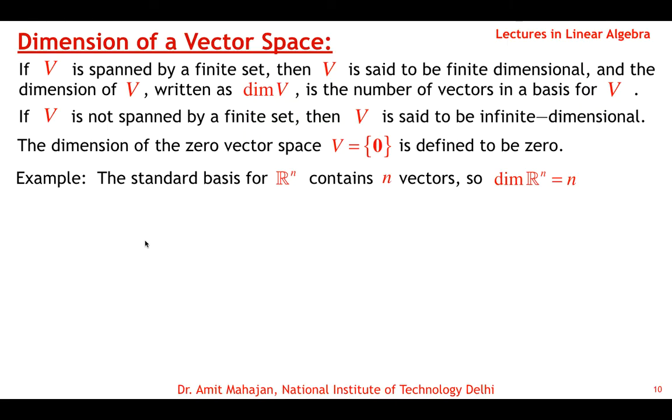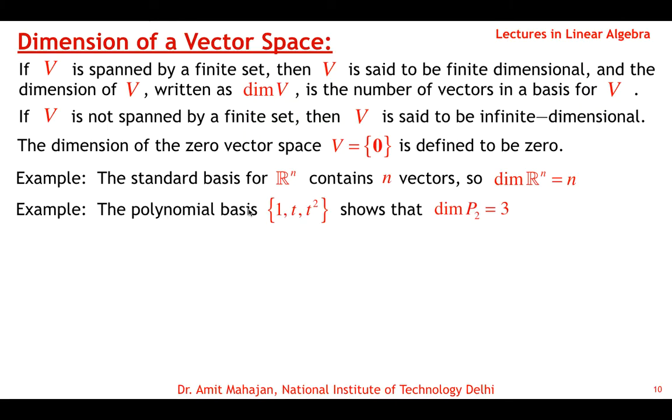If we see the polynomial basis 1, t, t square, it's a basis for polynomials of degree at most 2. So if you generate the polynomials of degree at most 2, then it will have this as the standard basis, and it shows that the dimension of P2 is 3, where P2 means polynomials of degree at most 2.